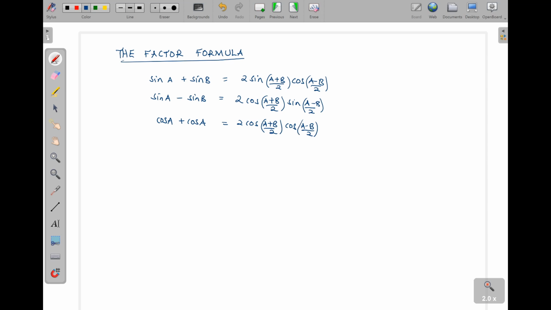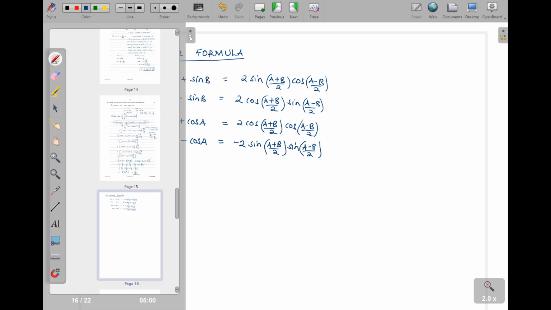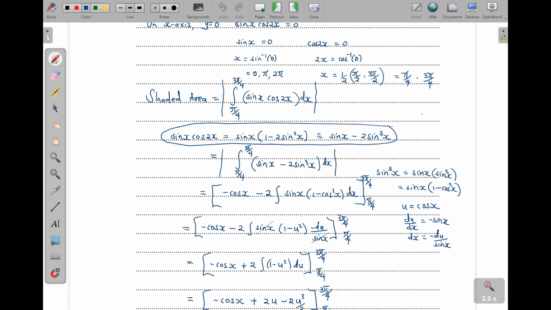Okay, then we have cosine of a minus cosine of b. This one is equal to negative 2 sine of a plus b over 2, and then sine of a minus b over 2.